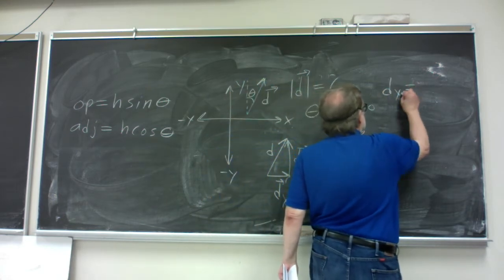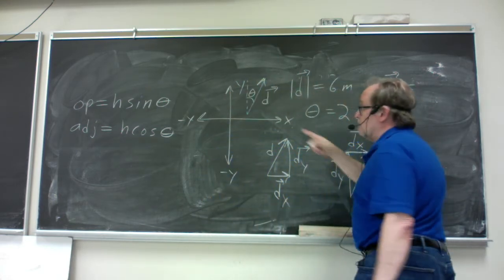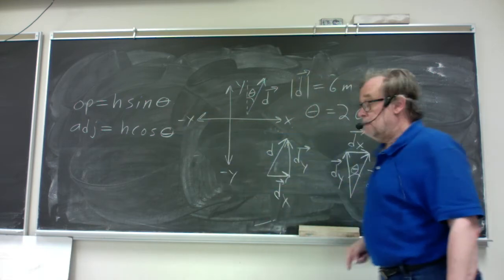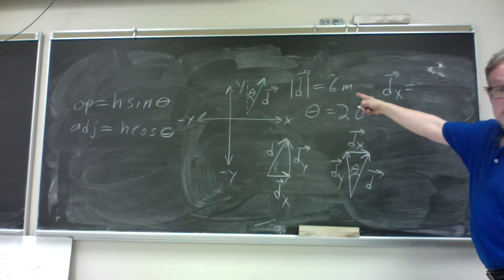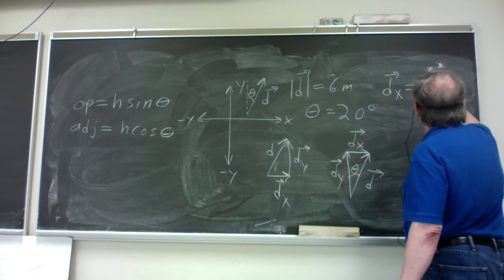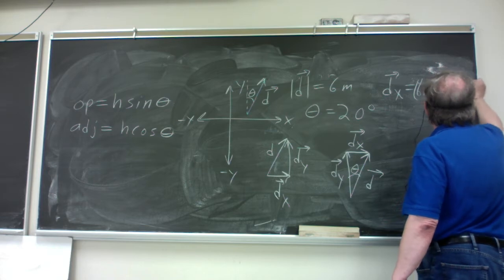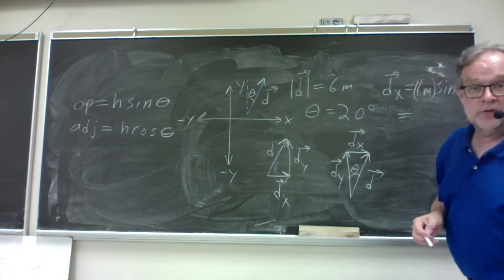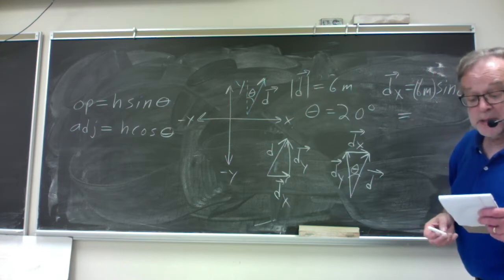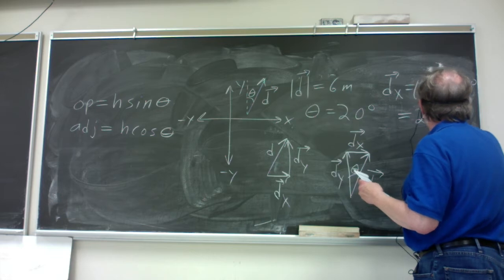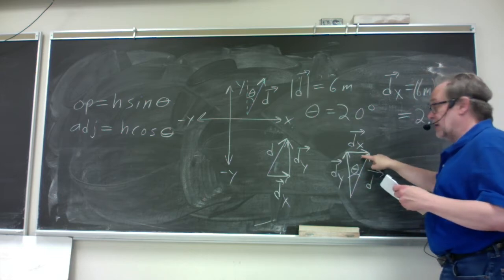So dx is length of the hypotenuse times sine. Hypotenuse was 6 meters times sine 20 degrees. And then if you ask your calculator what the sine of 20 degrees is and then multiply that by 6, you'll come up with about 2.1 meters for this length here.